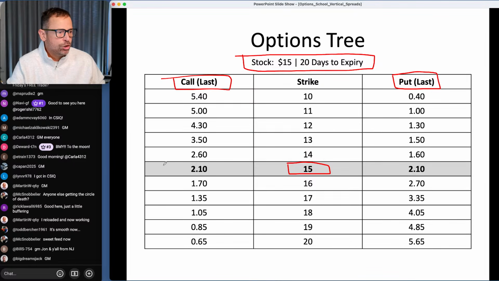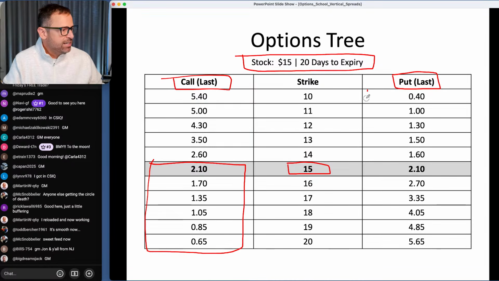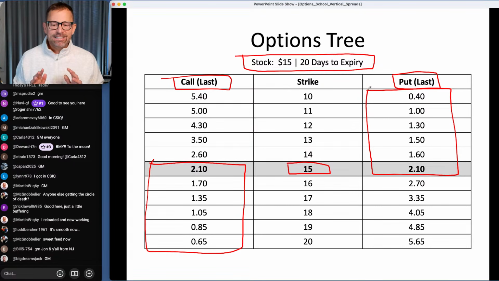Guys, you want to trade out of the money options or at the money options. These are the options that we want to trade. Keep it nice and simple. 20 days until expiration.